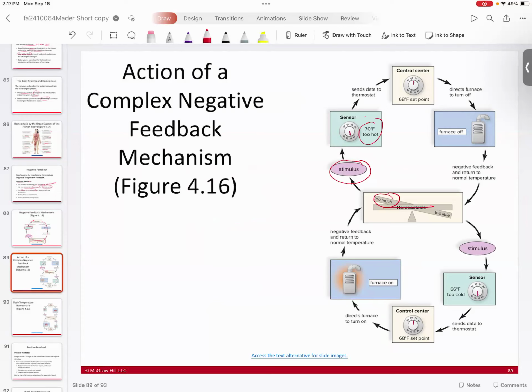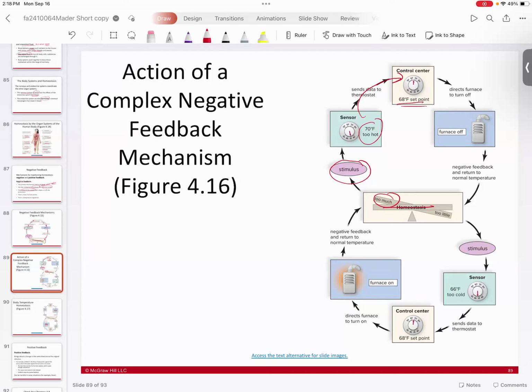And then it's going to send that data to the thermostat, the control center, who will then process that information. The information in the control center is our set point is 68. If greater than 68, then do this, right? So it's kind of like an if-then program inside the thermostat. If less than 68, do this. So in this case, it's more than 68.